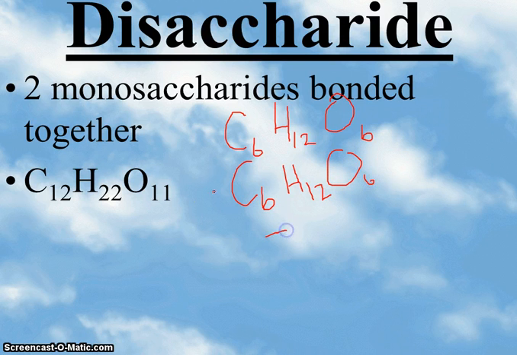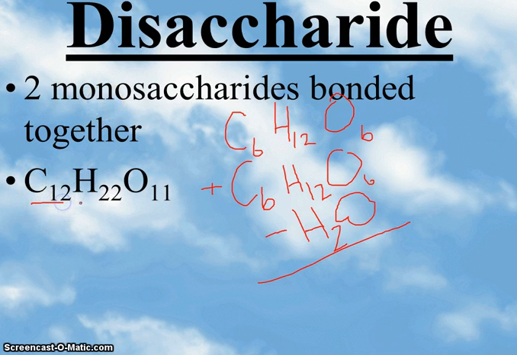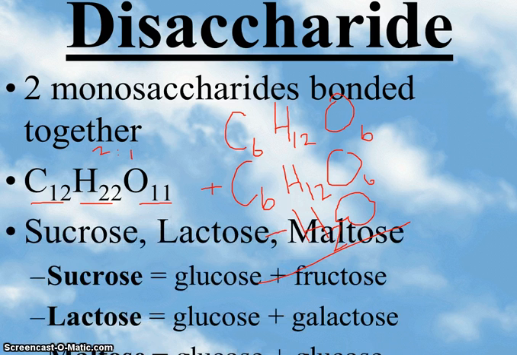So I should put a plus here. You have to remove an H2O. So when you do that, you get C12H22O11. Again, a 2-to-1 ratio between hydrogen and oxygen.